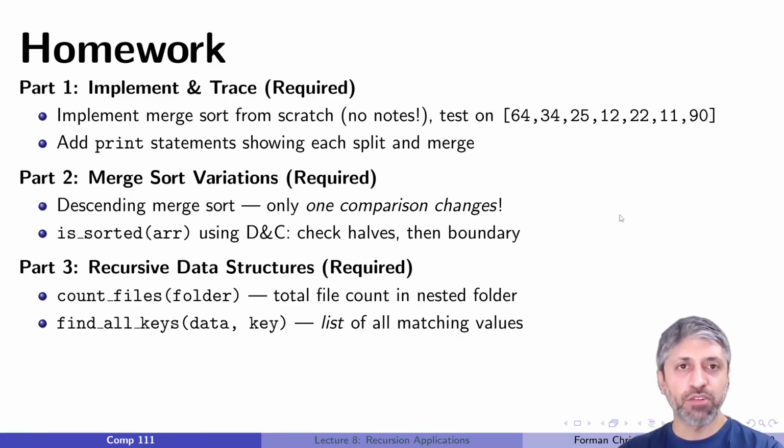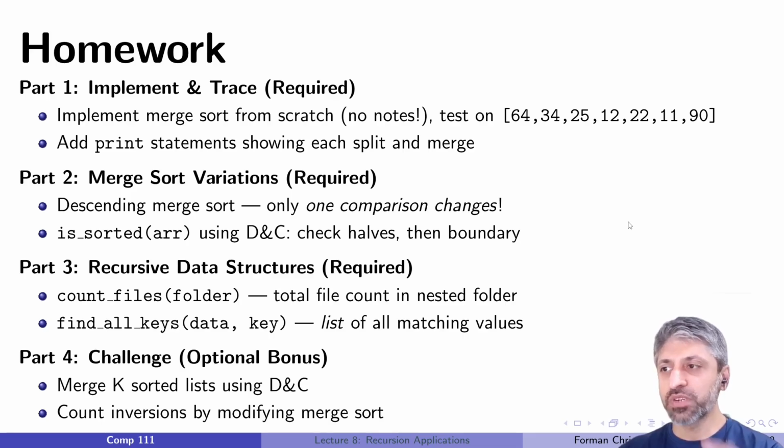In part 3, you need to implement count files and then find all keys for recursive data. And part 4 is an optional bonus challenge, which asks you to merge k sorted lists using divide and conquer and count inversions by modifying the merge sort. I'd recommend starting with parts 1 and 2.